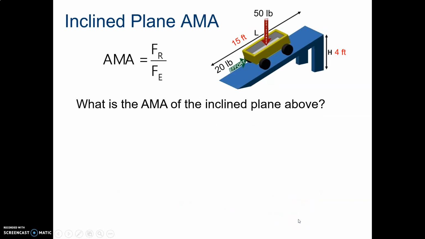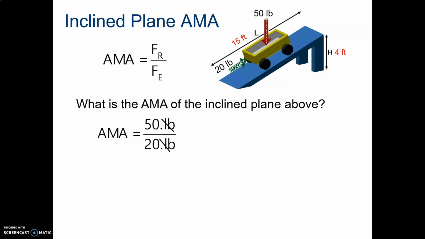The actual mechanical advantage is found by taking the resistance force and dividing it by the effort force. So for this inclined plane, the effort is 20 pounds. Sorry, you are pushing that cart with a 20-pound force, and the load, what's sitting in the cart, is 50 pounds.